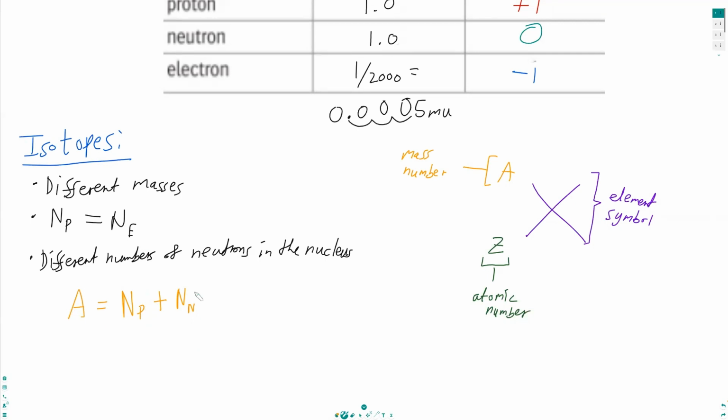Together, these two make up the mass number.